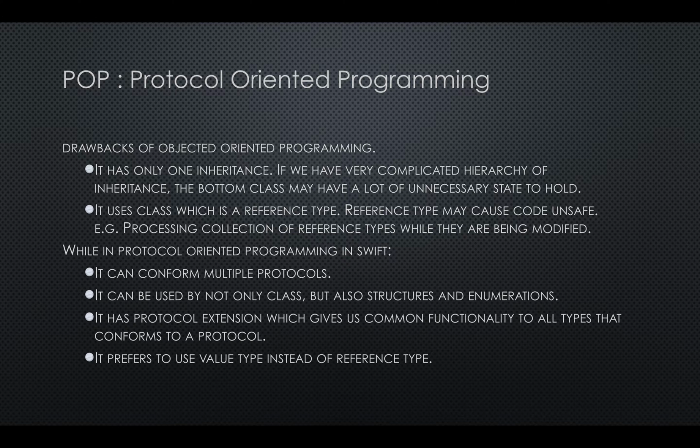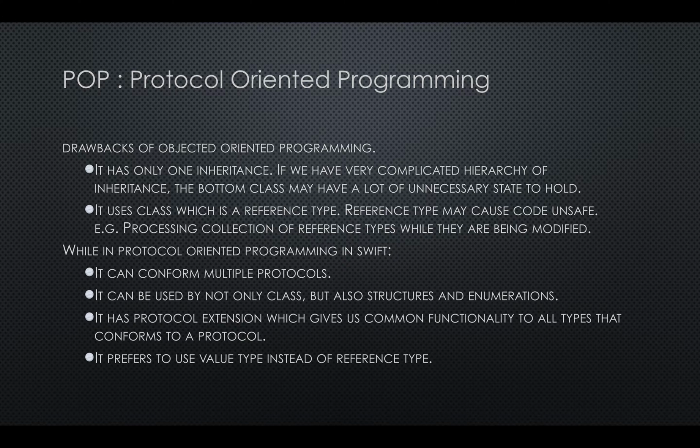So why did Apple make Swift a protocol oriented programming language? Because they saw some drawbacks in object oriented programming. The problem was that object oriented programming has inheritance, and with a very complex hierarchy of inheritance, the bottom class ends up with unnecessary state to hold. It has a lot of data which it doesn't require.